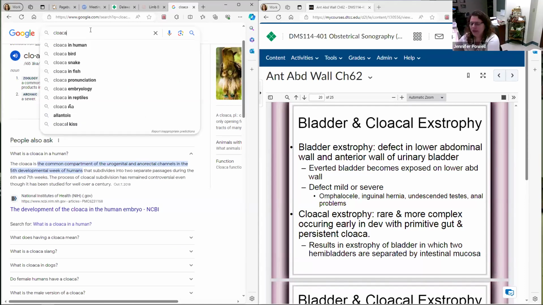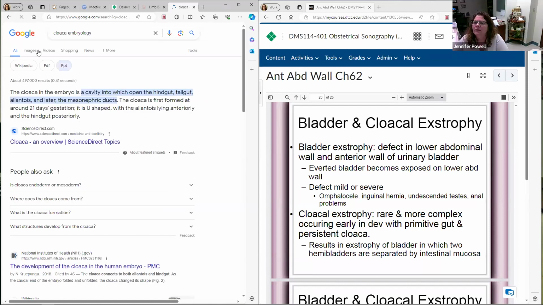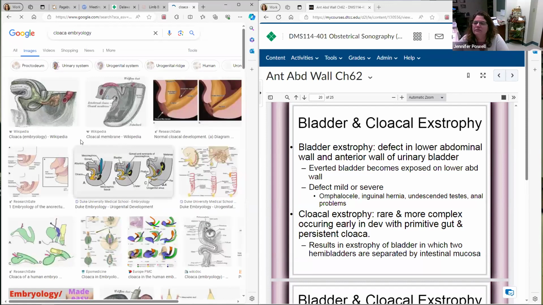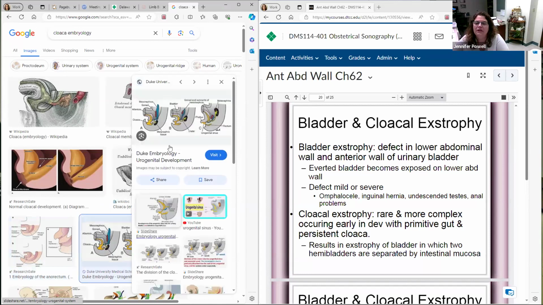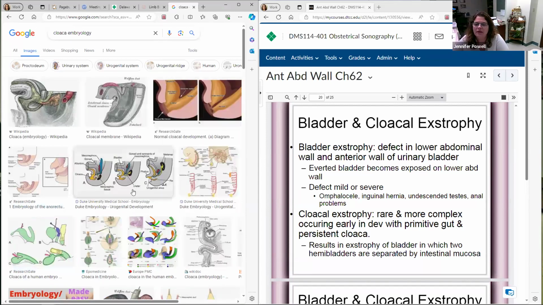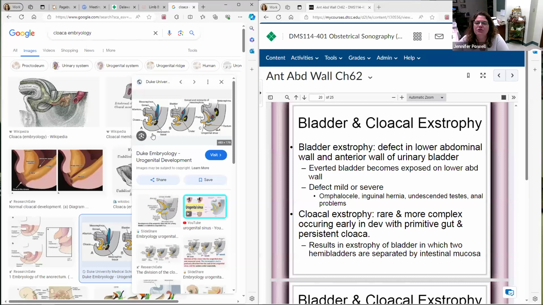So if we look at embryology, we have this cloaca when we're developing, but it divides into its different parts, and then you no longer have it.